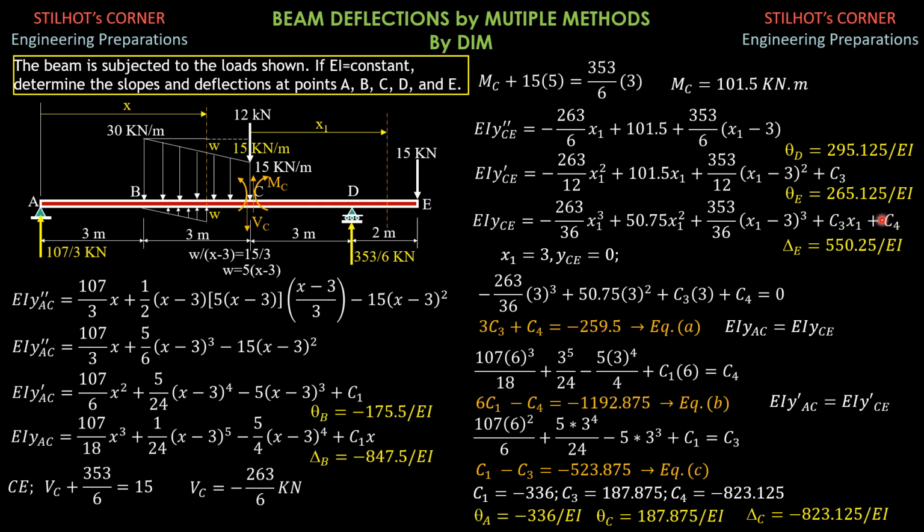So c sub 3 when x1 is 0 is the slope at C. Then there is also deflection at C, so it is represented by c sub 4.